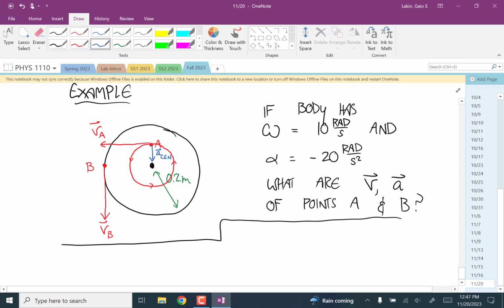The angular velocity and angular acceleration have opposite signs, so we know that the tangential acceleration, we know it's slowing down, is opposite of the velocity. So the tangential is this way.